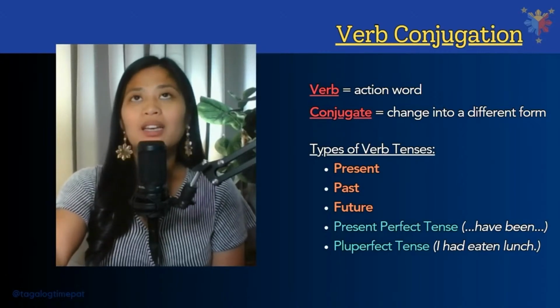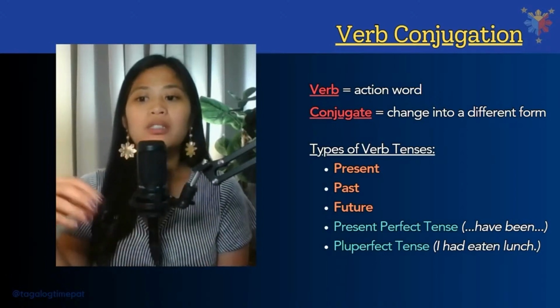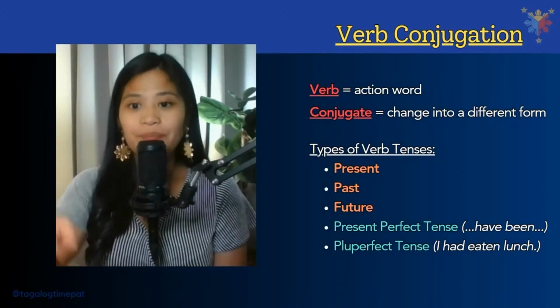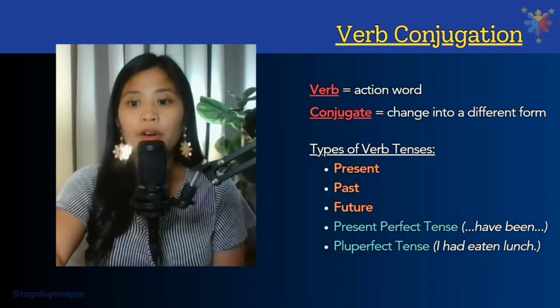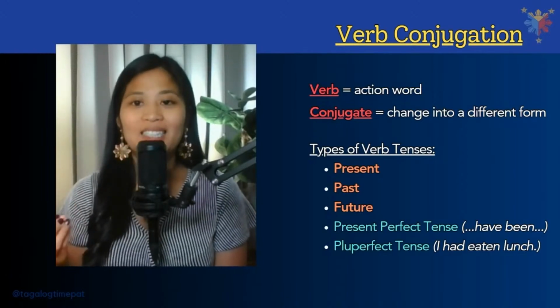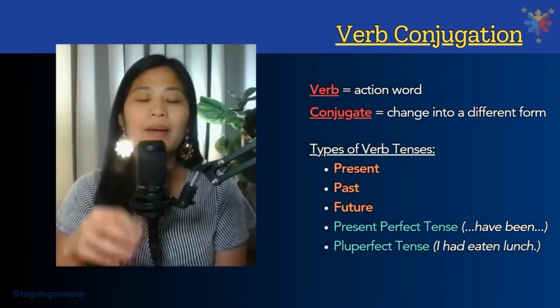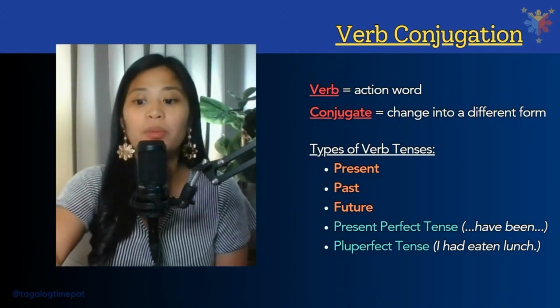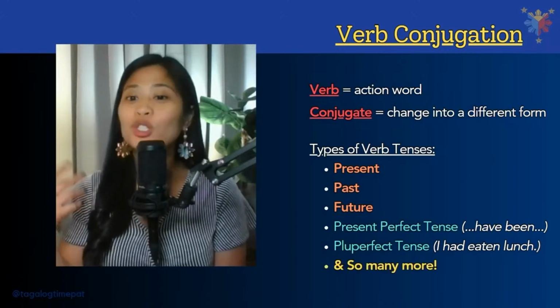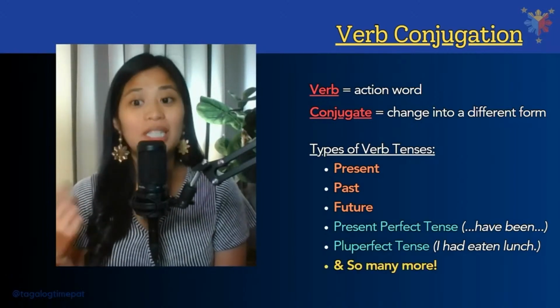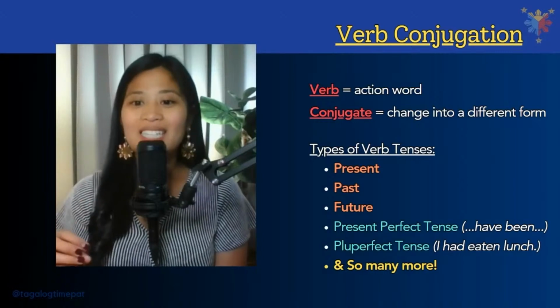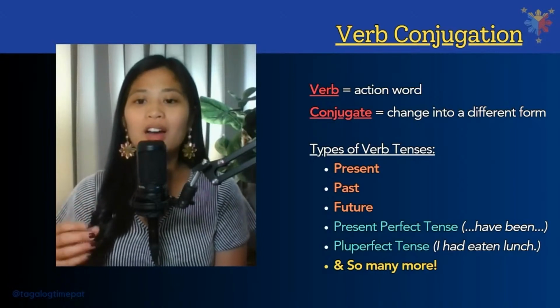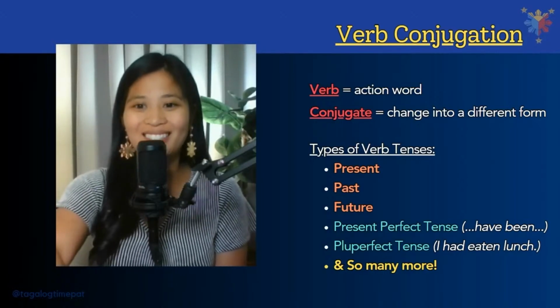So that means something happened in the past, but it's still kind of related to the present. Then there's the pluperfect tense. I had eaten lunch. So that's something that happened in the past. It's done. It happened at a specific moment in time. And then there are just so many more verb tenses out there, especially in English. But in today's class, we will focus on how to conjugate verbs in the present tense.